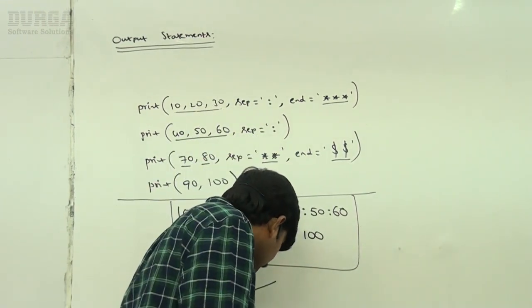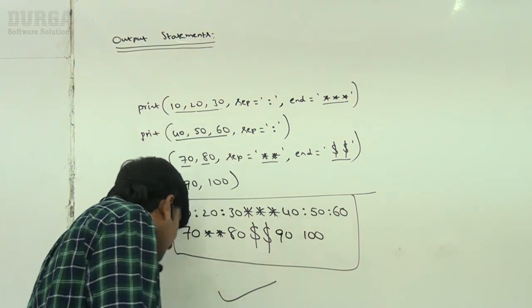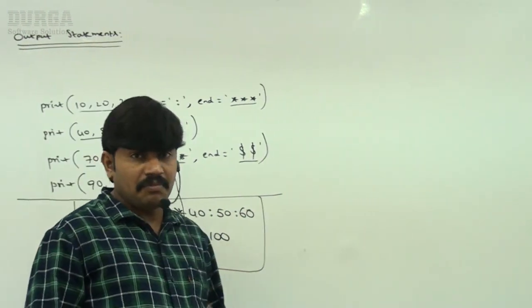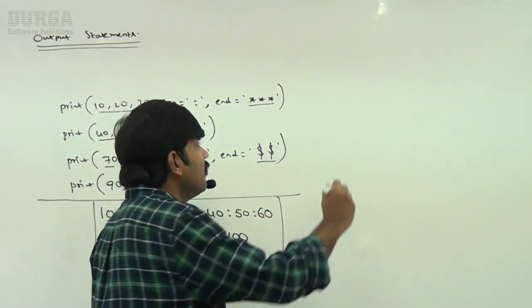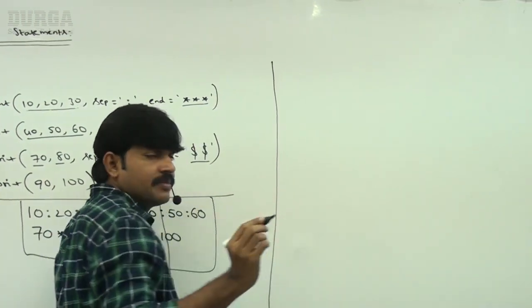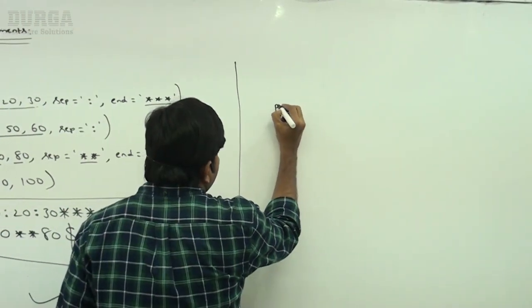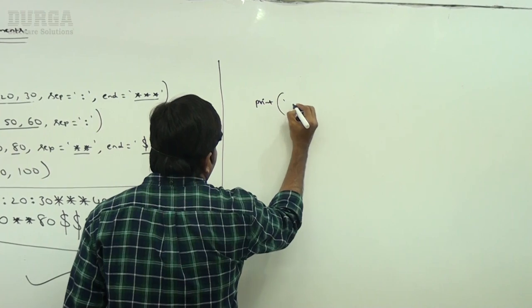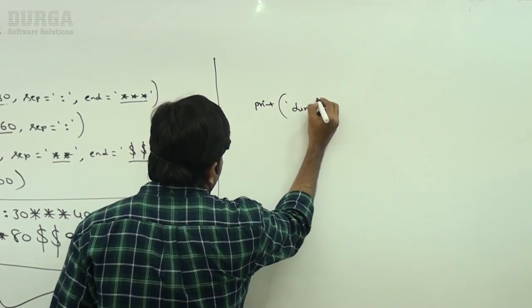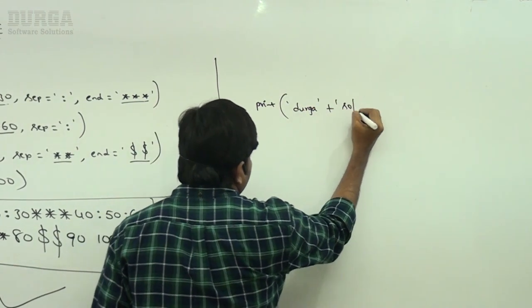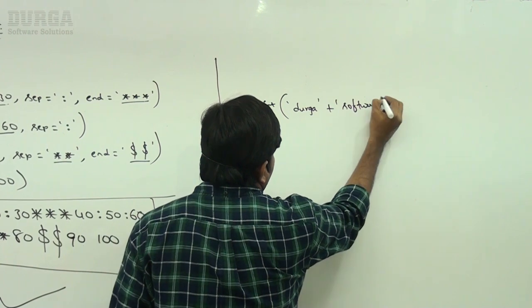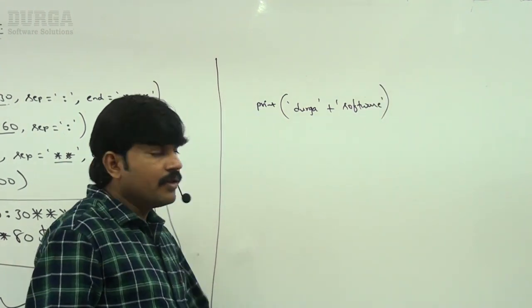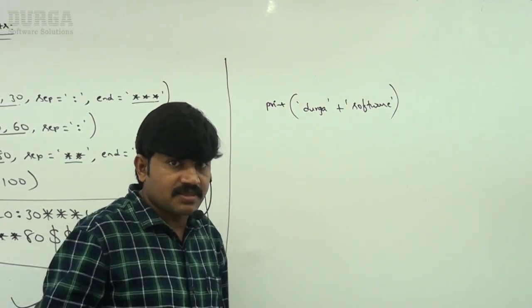Okay, well. Now the next example, observe carefully. There is a chance that sometimes in the interview room they may ask this question. I have 2 lines, sir. Print of Durga plus software. Which symbol are we using? The plus symbol.